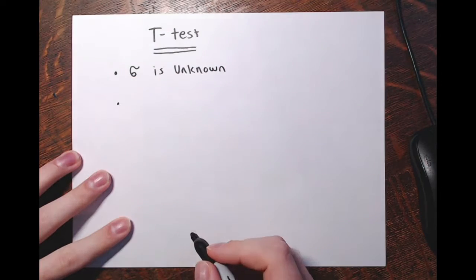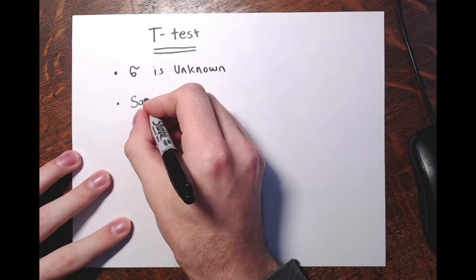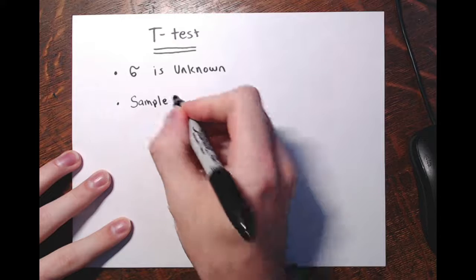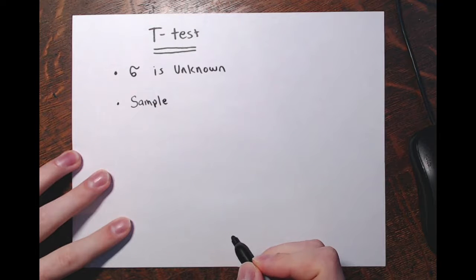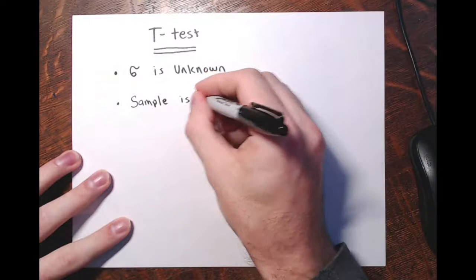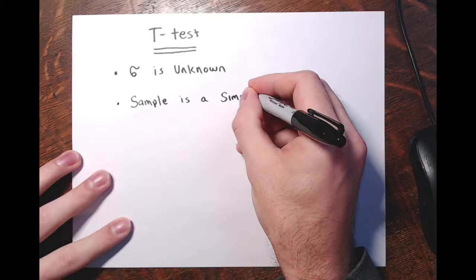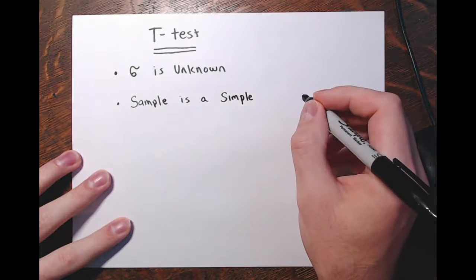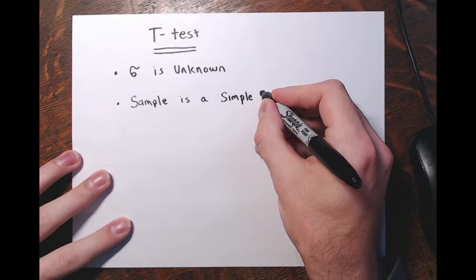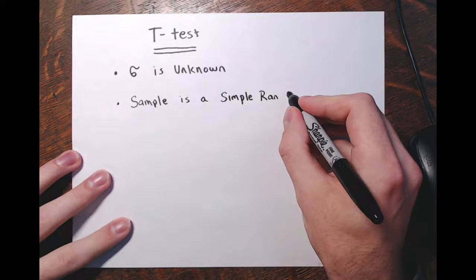And then that thing mentioned in the first option is what you want as well, and this is the case for most hypothesis testing you do. The sample is a simple random sample. It's probably been a while since you saw different kinds of sampling methods, like cluster sampling and stratified sampling.